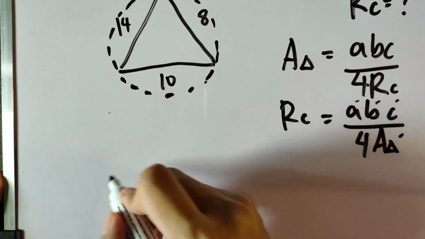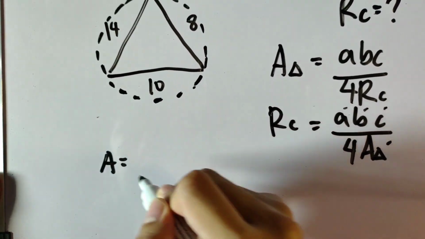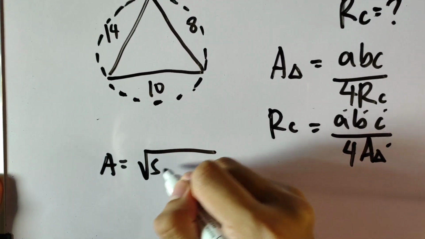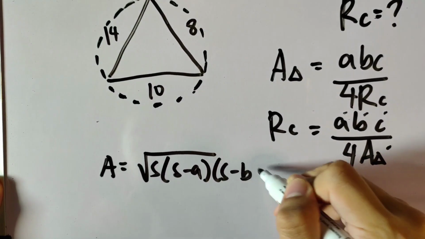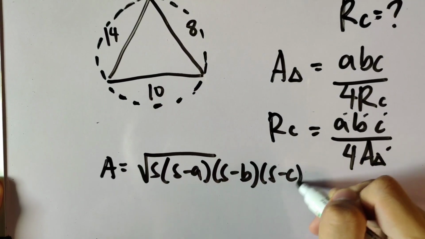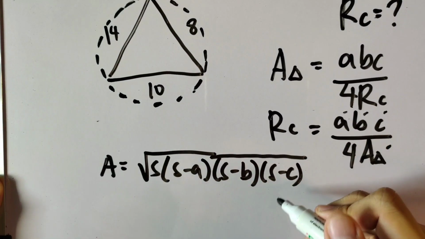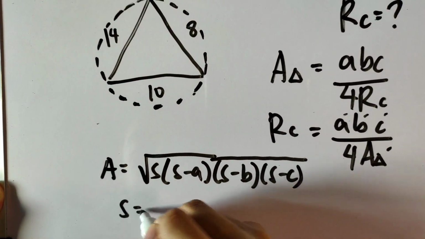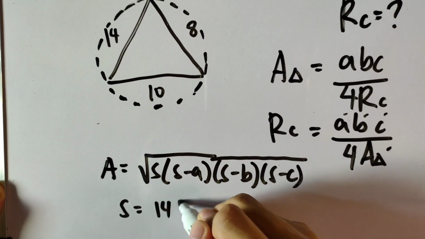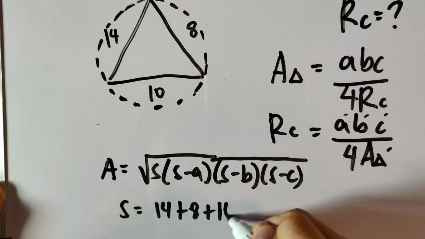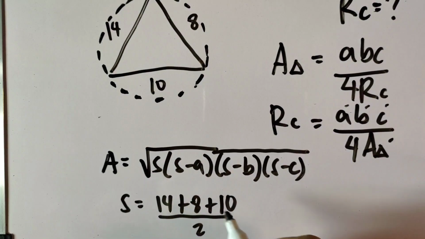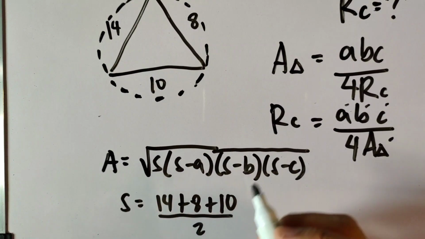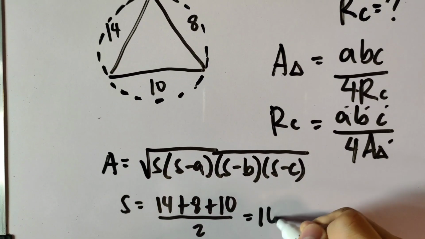So yung Heron's formula, A is equal to square root of S times S minus A times S minus B times S minus C. So yung S natin is equal to 14 plus 8 plus 10 divided by 2, or yung semi-perimeter natin. So 18 plus 14, 32 divided by 2, 16.